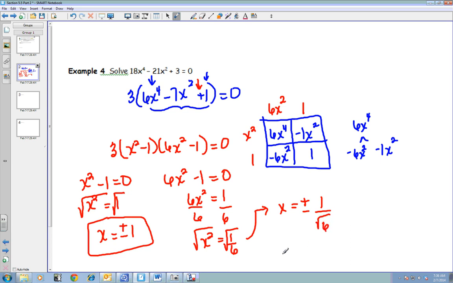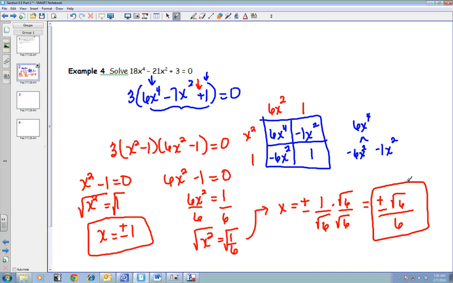Now, the rules are we can't have a square root on the bottom. So when we have a square root on the bottom, I need to multiply the top and bottom by square root of 6 over square root of 6. So now my answer is plus or minus 1 times the square root of 6 is square root of 6. The square root of 6 times the square root of 6 is the square root of 36, or just 6. And that's my other two answers.